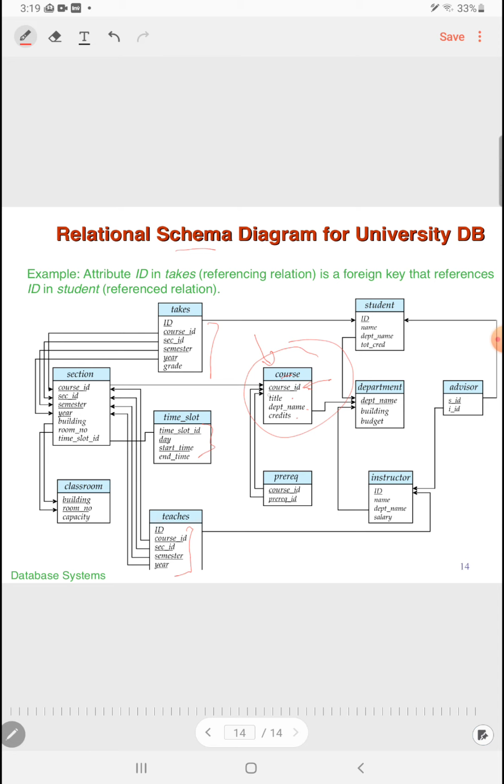The arrows are then the foreign keys. So course ID is a foreign key to course ID in course. Prerequisite ID is also a foreign key to course ID.